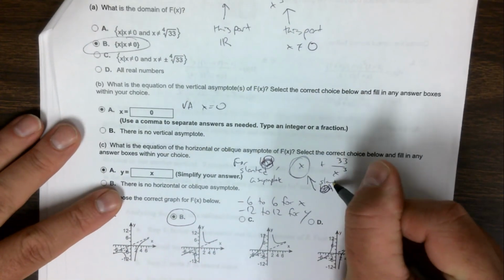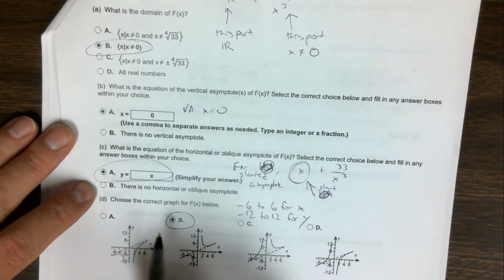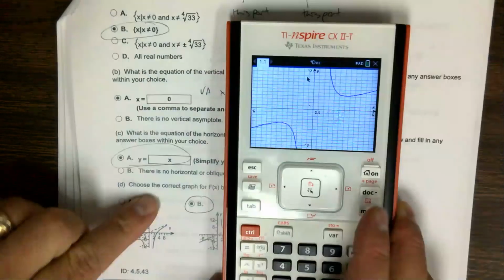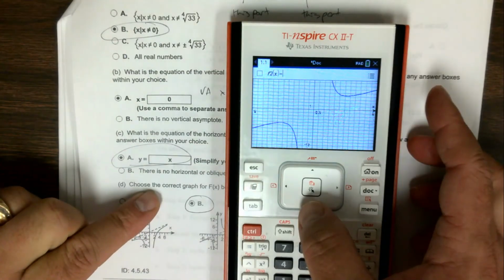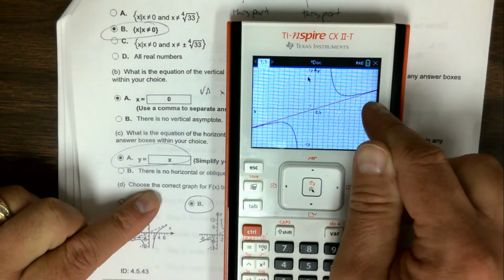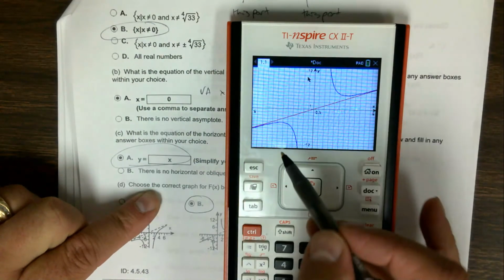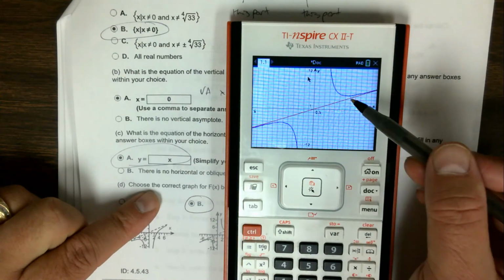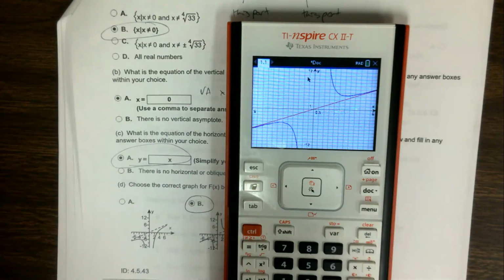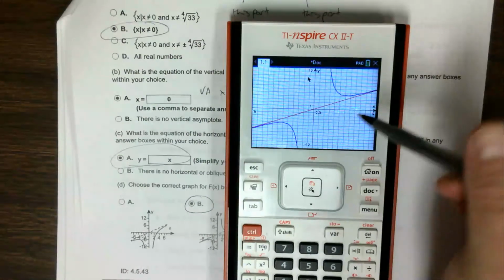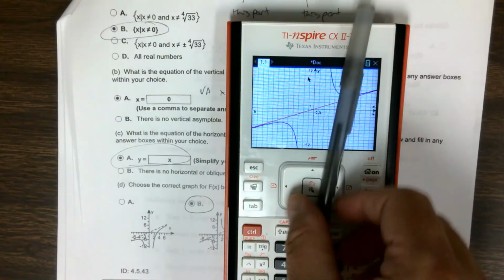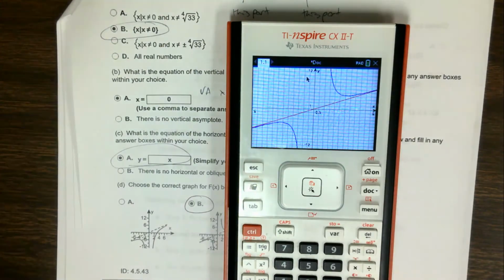That's the y equals x. So if you want to confirm that to see if it makes sense, you can press tab and press X, and there it is. So it's kind of like a magnet drawing towards the slanted asymptote. And your vertical one is at x equals 0. Okay, so that's how you do that one.